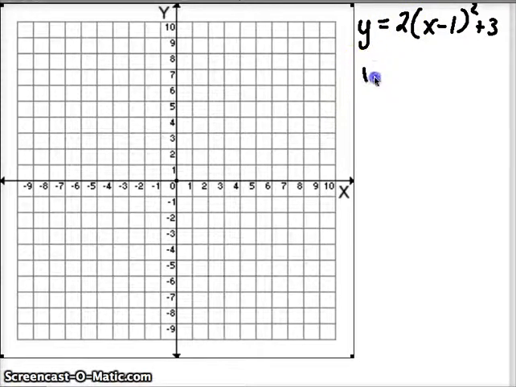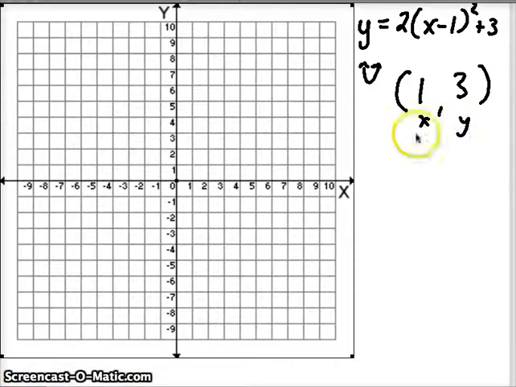Yeah, so we're going to have a parabola that opens up, and the vertex, the tip of that parabola, or the very lowest point of it, is going to have a y value of positive 3. The h right here is going to be the opposite of whatever it looks like. So it looks like it's negative 1, so the h value is going to be positive 1. And that's our x and our y coordinates of the vertex. So the very tip right there is going to be at 1, 3.